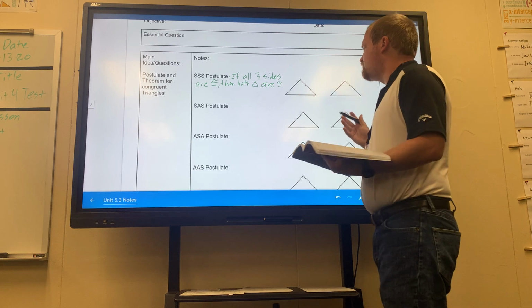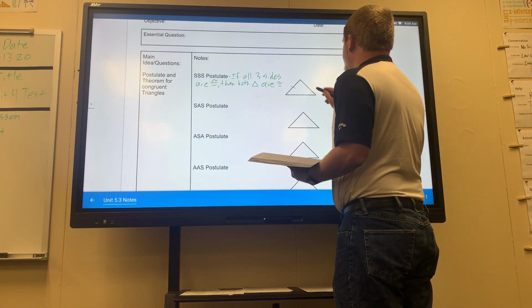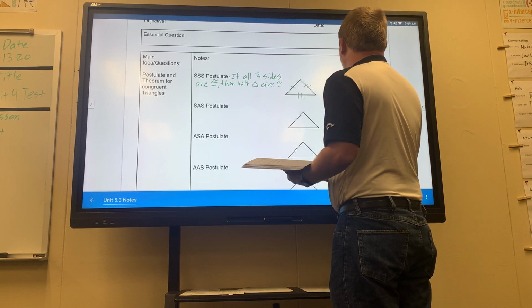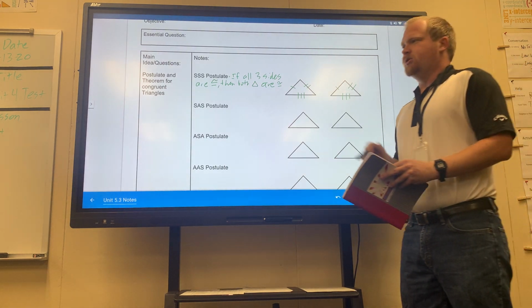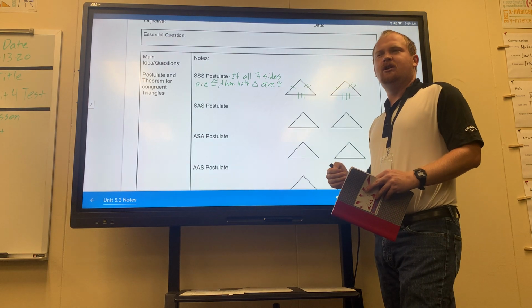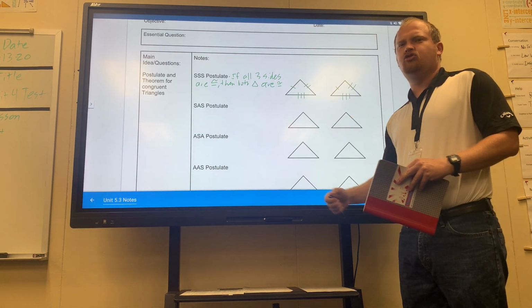Well, simply we should have 2 triangles here. We have one side that is congruent, the second side is congruent, and the third side is congruent. So it literally means that all 3 sides are congruent to each other. If that's the case, then we have 2 congruent triangles.